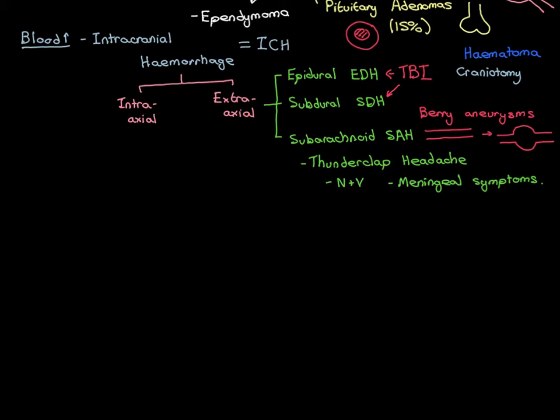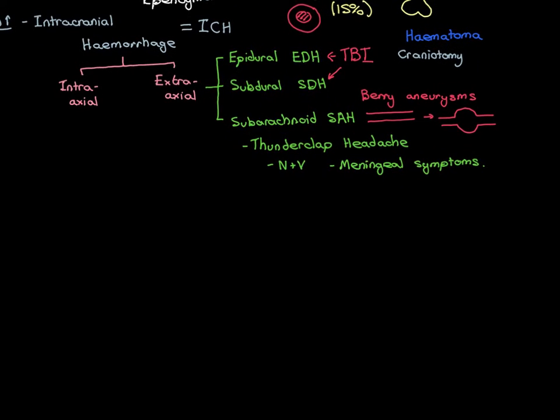So aneurysms are at risk of popping. That's the big problem with them. They can pop spontaneously, or they can pop following a traumatic brain injury. So subarachnoid hemorrhage can either be caused by traumatic brain injury breaking open a berry aneurysm, or by a berry aneurysm breaking open spontaneously, so spontaneous rupture of a berry aneurysm.